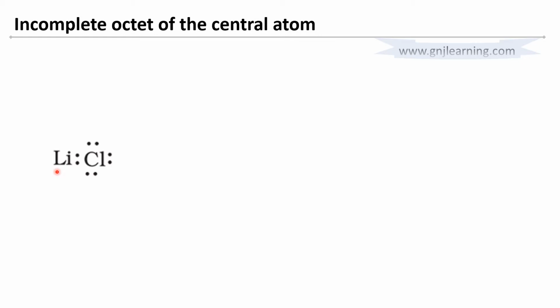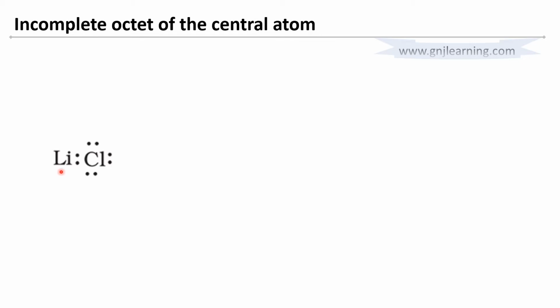Lithium does not have 8 electrons, it has just 2 electrons. So lithium is stable even without an octet. This is called an incomplete octet, meaning it has only 2 electrons.